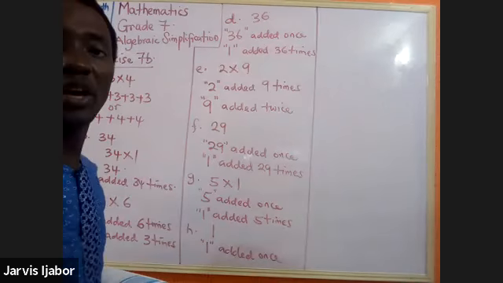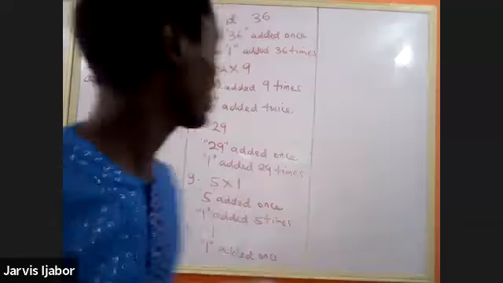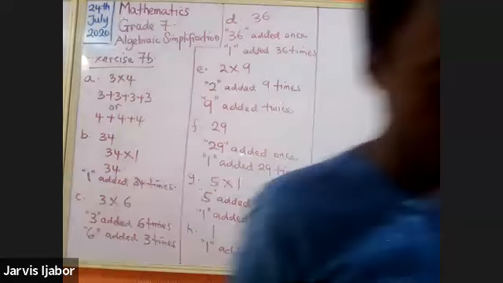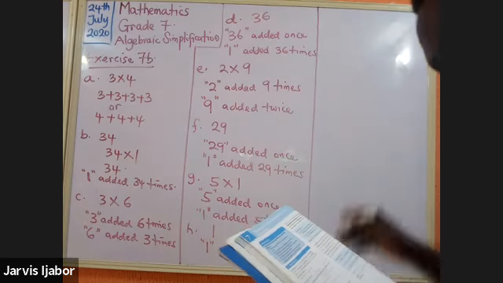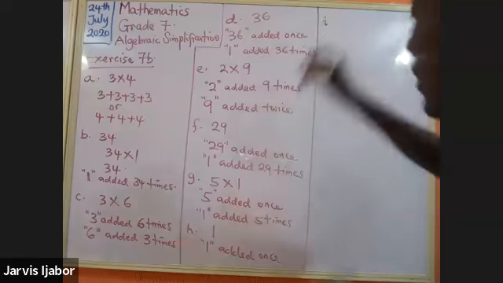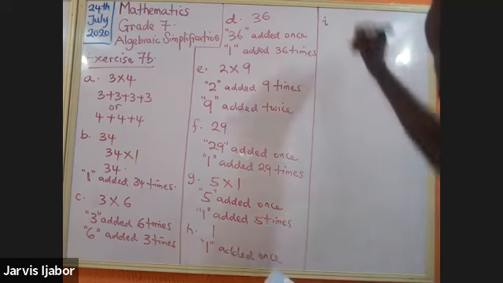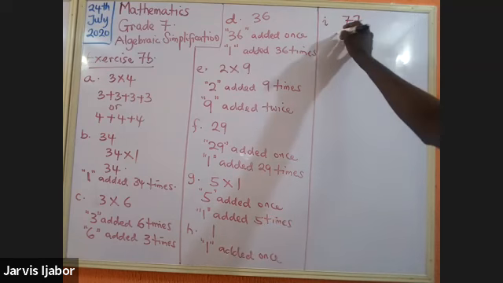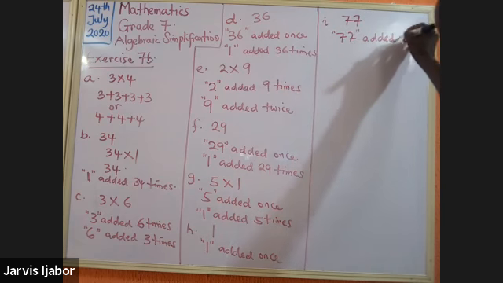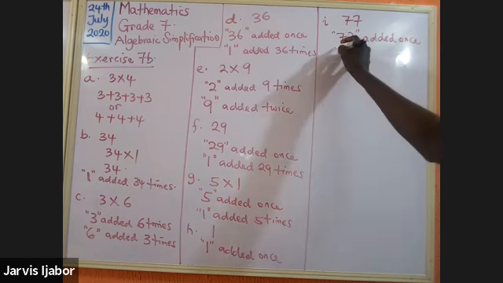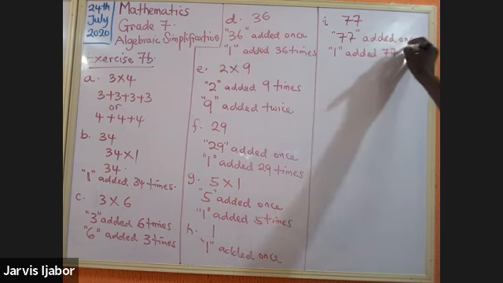I hope we are okay with that. So I wanted to be sure that all is well with them. Right, so we continue. Now we go to I. For I, we have 77. It means 77 added once, or 1 added 77 times.